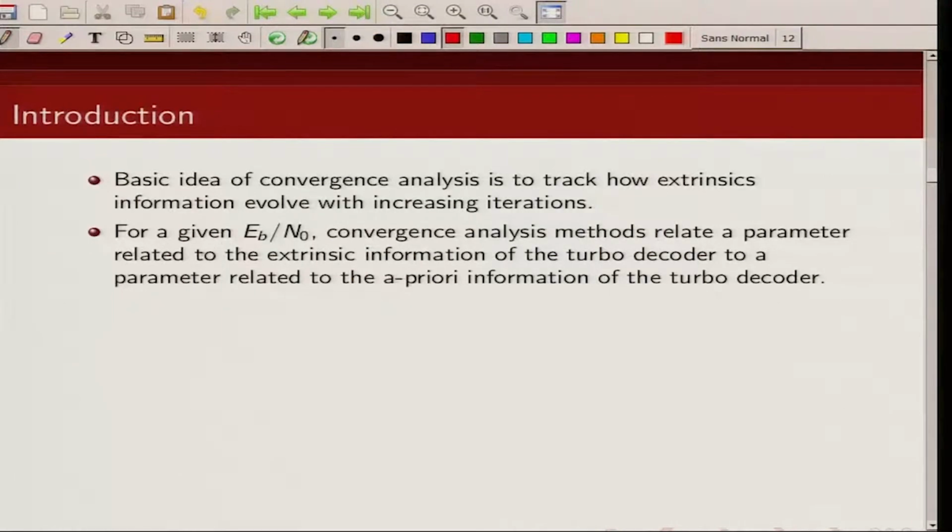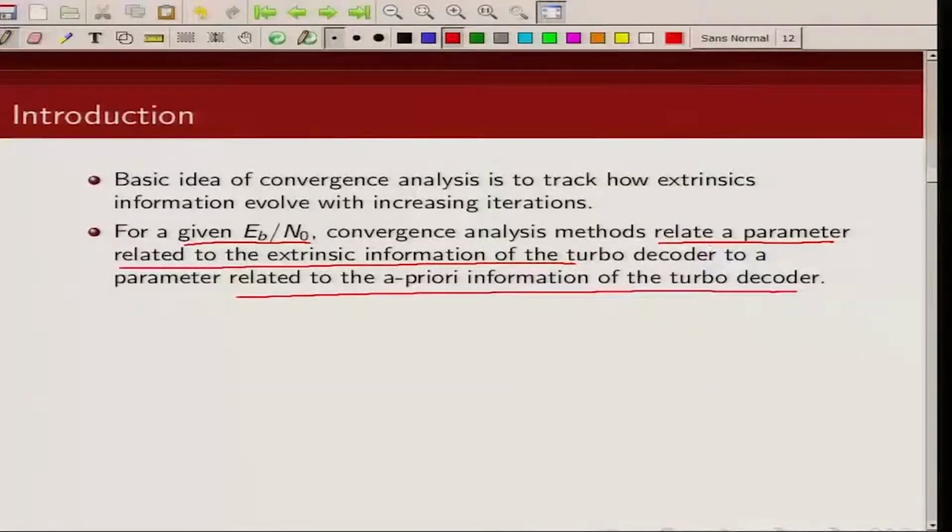So, what we do is, for a fixed signal to noise ratio, we have a set of receipt values. So, what we do is, we try to relate a parameter which is related to the extrinsic information of the turbo decoder, and we try to relate it to a parameter which is related to the a priori information.